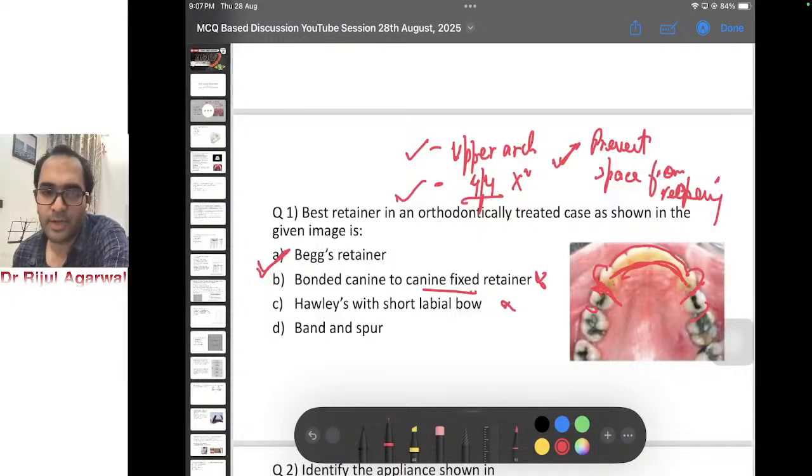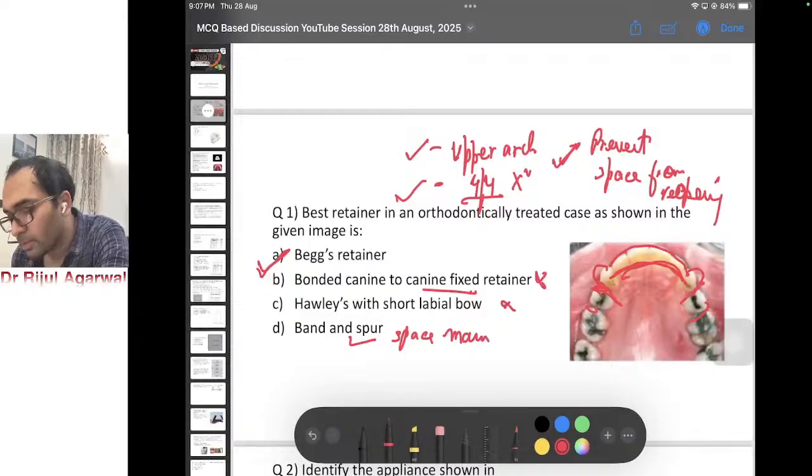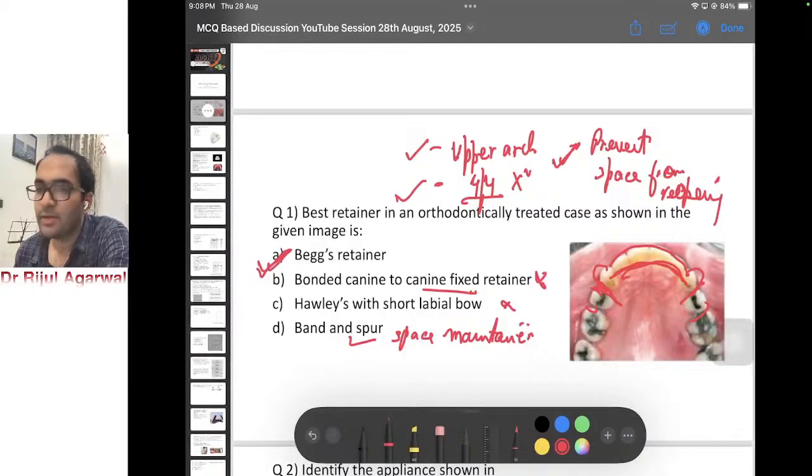Again, this is eliminated. Band and spur is not a retention appliance; it's a space maintainer. So the best and the correct option here is Begg's retainer.